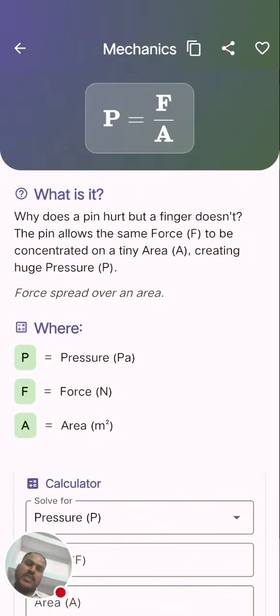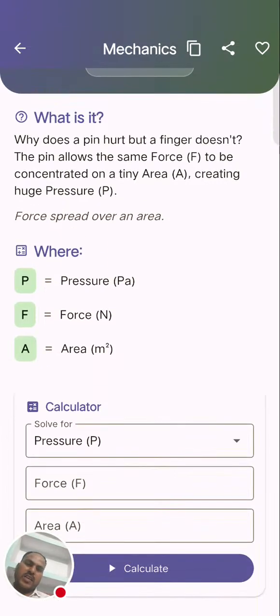Why does a pin hurt but a finger does not? The pin allows the same force to be concentrated on a tiny area, creating huge pressure.